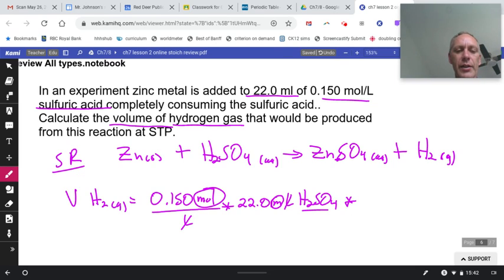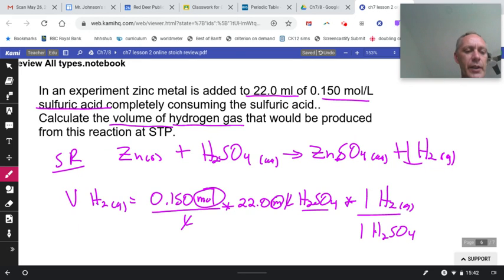We need to convert that to hydrogen. 1 hydrogen produced for every 1 H2SO4 that reacts. Okay, I'm going to switch up my colors and do some canceling here. So the H2SO4s are gone. So now I have solved for the millimoles of hydrogen.